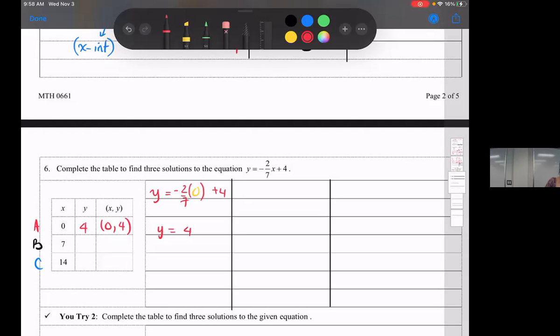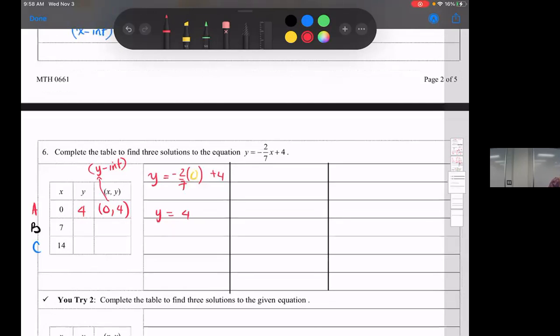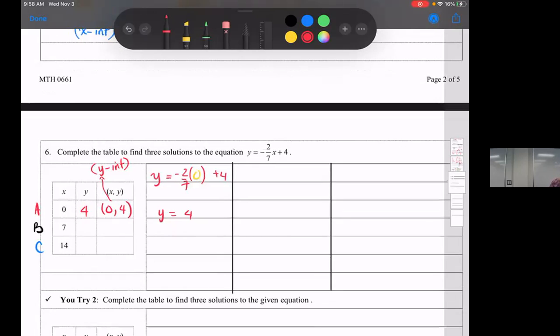What is this called? 0, 4 is the Y-intercept. Just FYI, you don't have to write that down. I just want you to recognize it. X is 7. Y equals negative 2 over 7 times 7 plus 4.